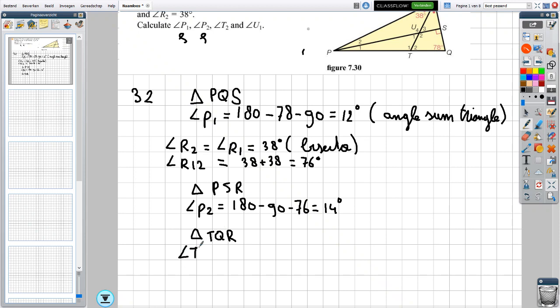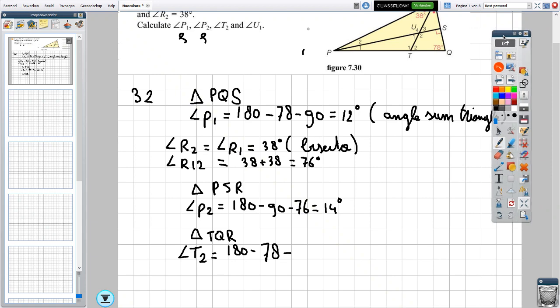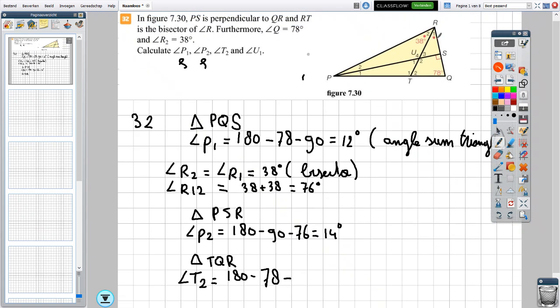Angle T2 equals 180 minus 78 minus R, let's take a look, R1 or R2, the value is the same, right? But it's going to be minus 38 degrees.